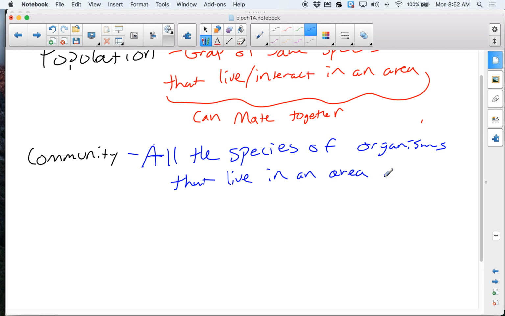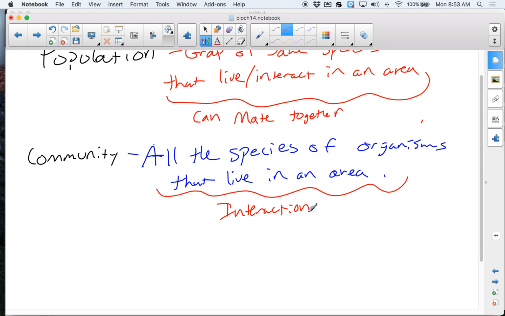And just like population, when we're talking about a community, obviously the mating doesn't come into effect here, but we're talking about them interacting with each other. And we see the word that sticks out in both of those is interaction. And that really is the definition of ecology, as we'll show in a minute.